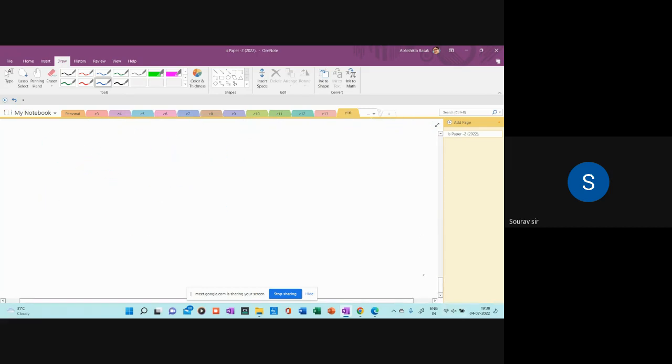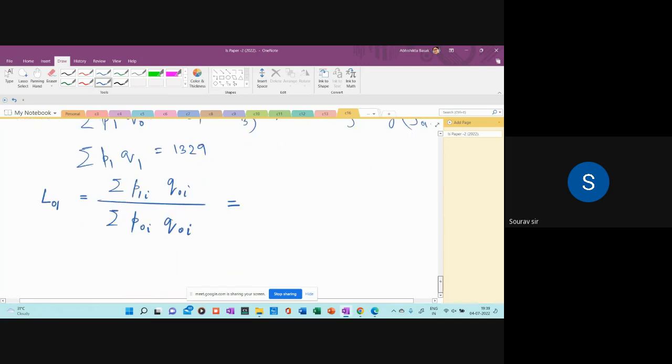Similarly, for P naught 1, what we are going to have is summation over P1I Q1I divided by summation over P naught I Q1I.